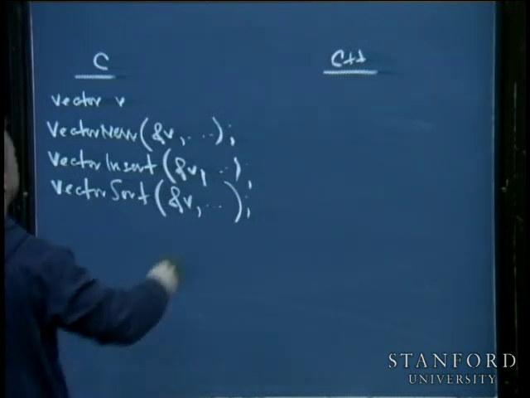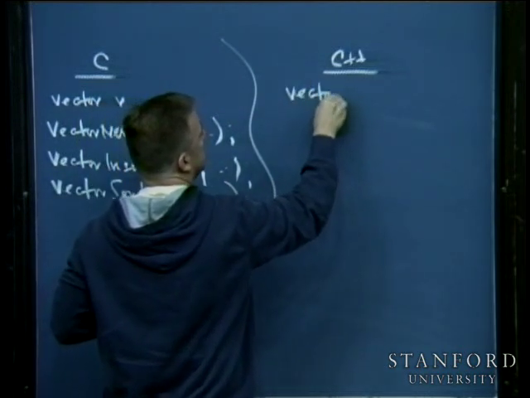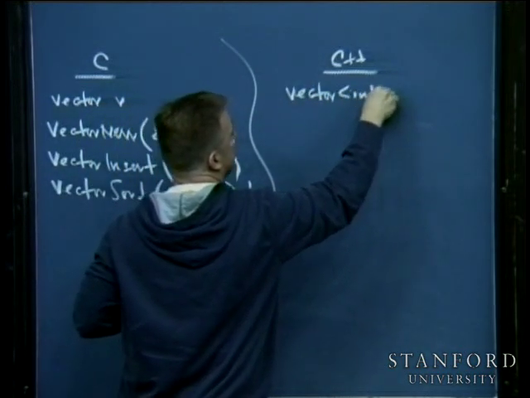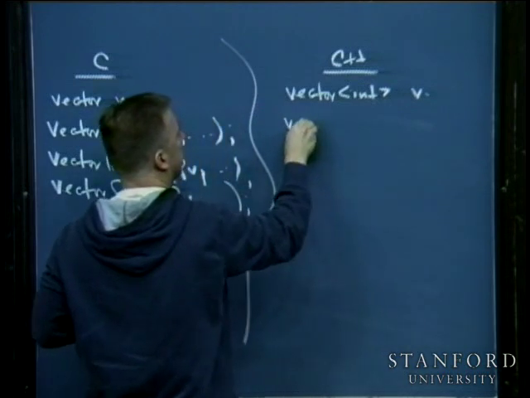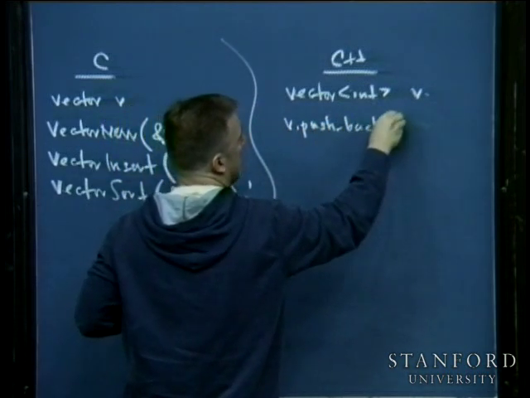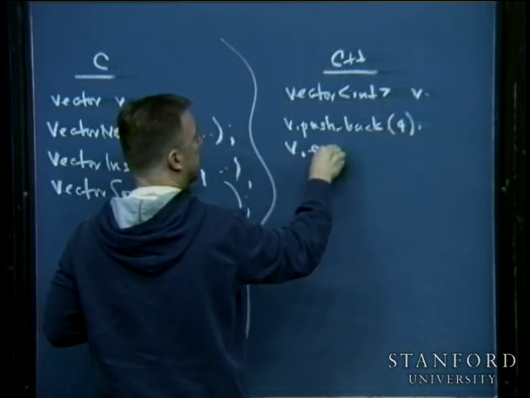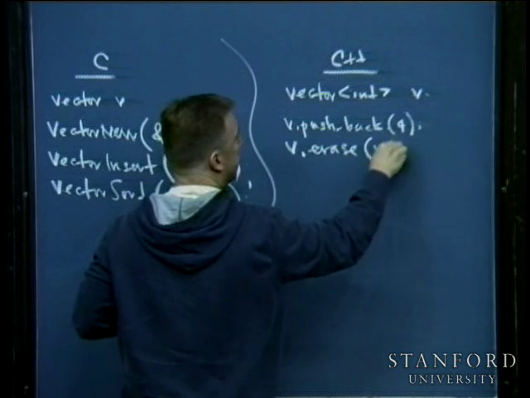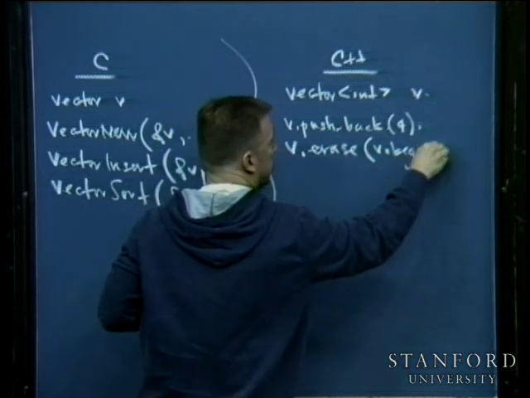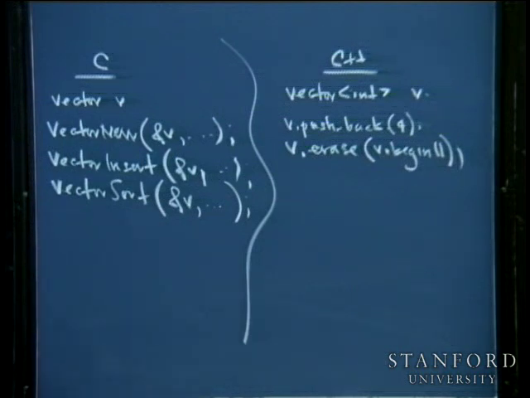In C++, you declare a vector, maybe of ints, called v, and you do something like v.push_back of 4. Or maybe you do something like v.erase of v.begin to remove the front element. I know you haven't dealt with that specifically. Don't worry about the fact that you haven't necessarily used all those methods.